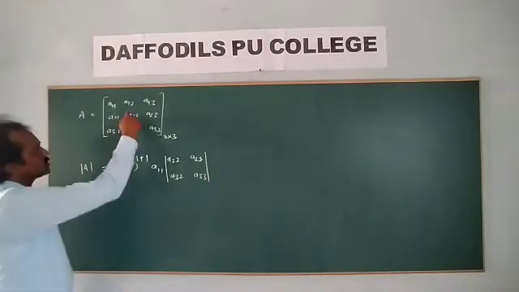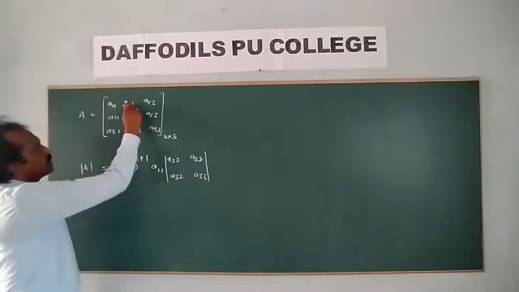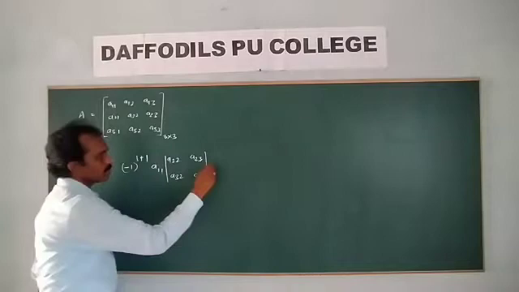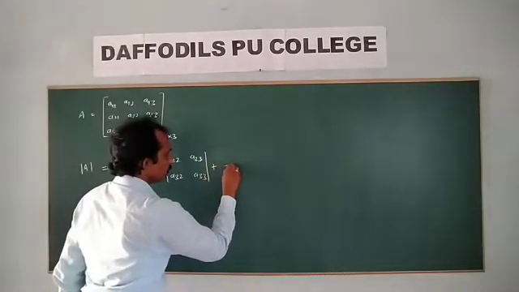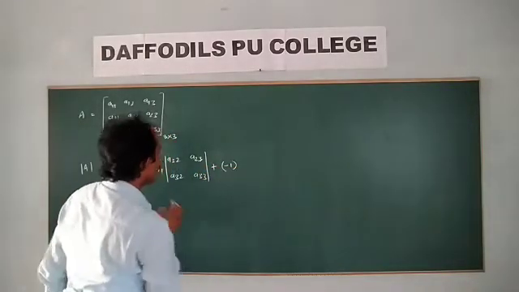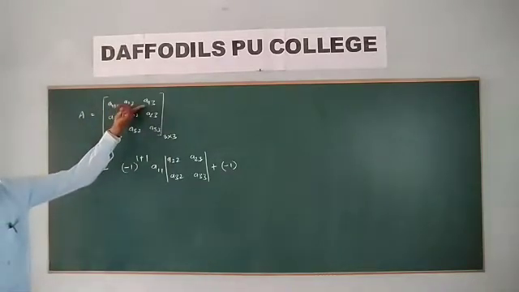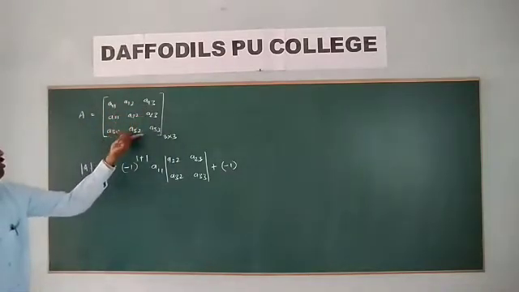Second step, for this element, which is present in the first row, second column. That's why we add (-1) to the power of 1 plus 2, times a12. The determinant can be taken along the first row, second row or third row.